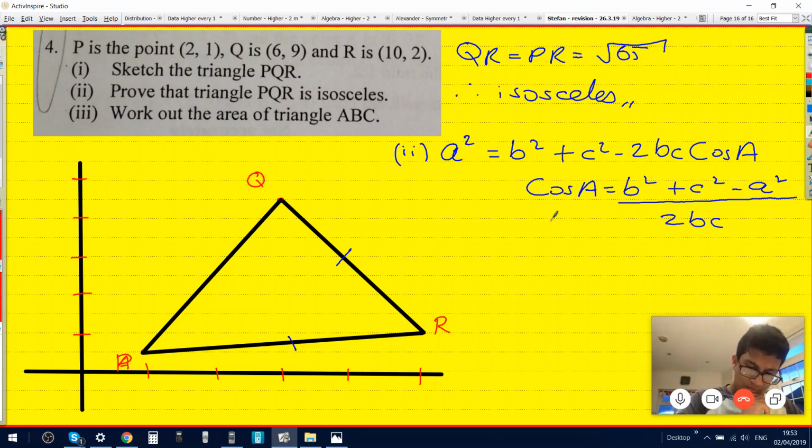So root 65 squared plus 4 root 5 squared minus root 65 squared over 2 times root 65 times 4 root 5.